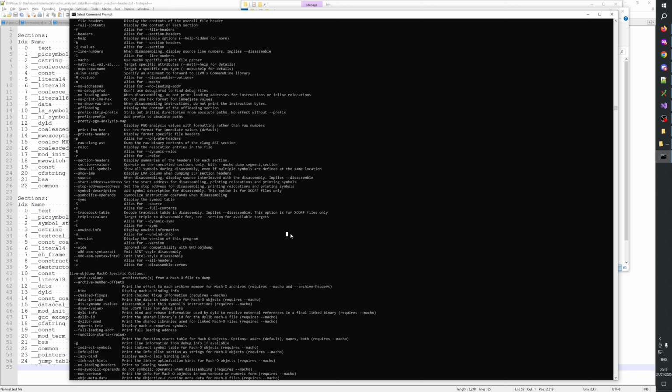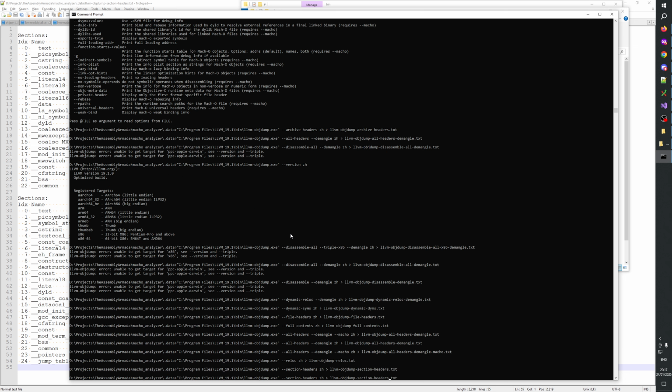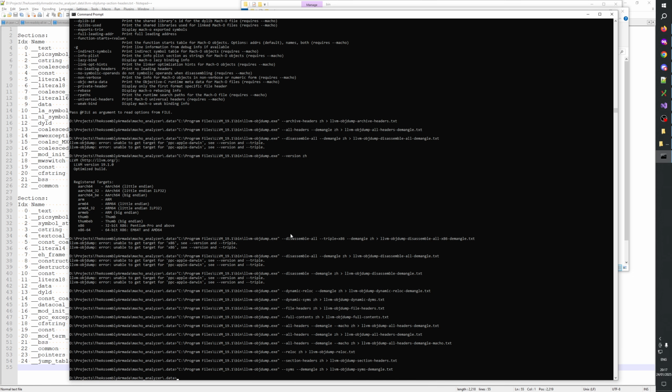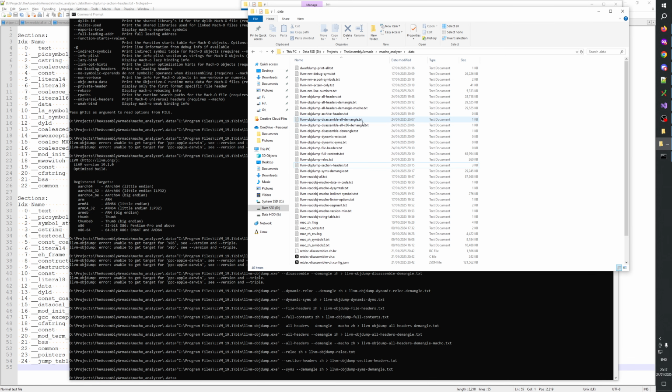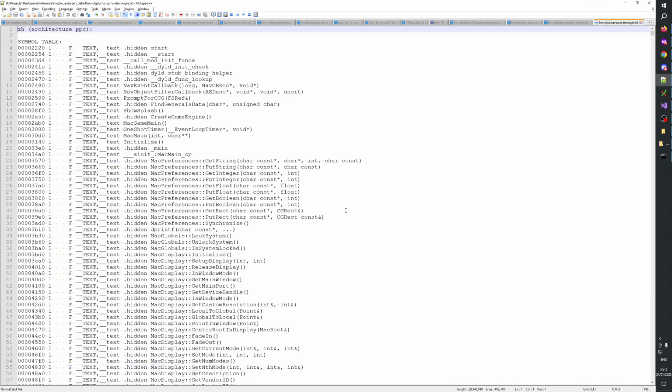Okay, let's try syms. See if that gives any difference. Syms. Let's also do a demangle. Syms minus demangle. Okay, syms. Yeah, it has about the same size as this one, so it's probably just the same. Symbol table.